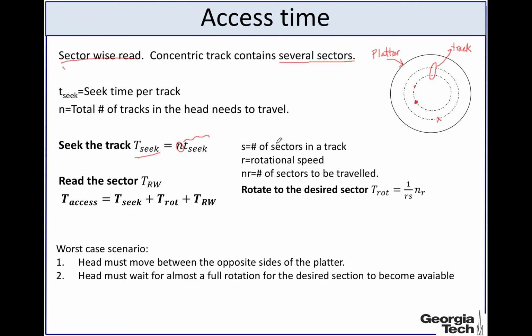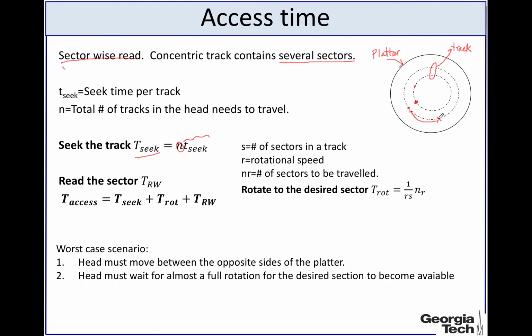Now, once you are in this track, how much time do you need to rotate the platter or the disk such that the desired location comes to the location of the head?